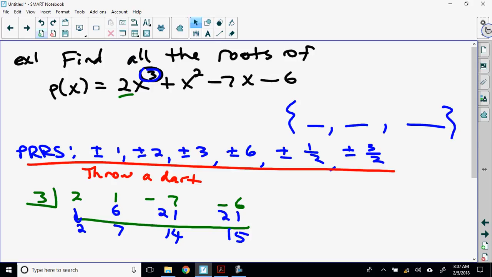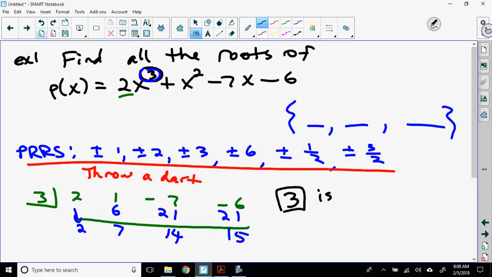Since all those coefficients on the bottom row are positive, what we would say about the number 3 is an upper bound. The way we get upper bounds is we have that bottom row with all positive numbers.